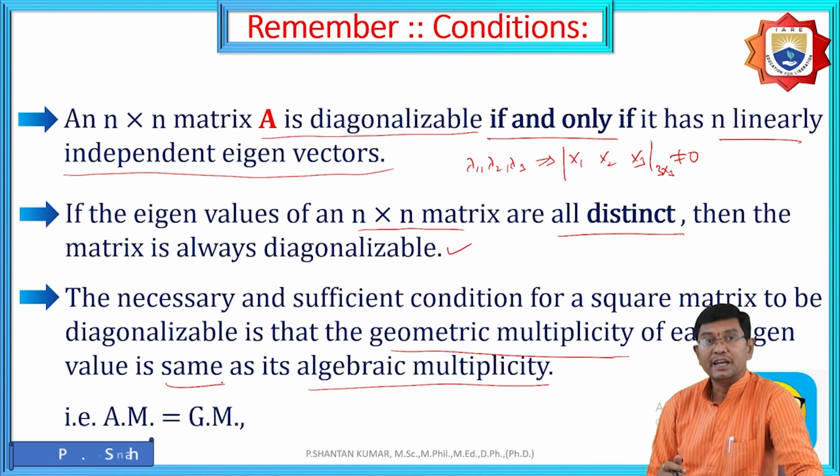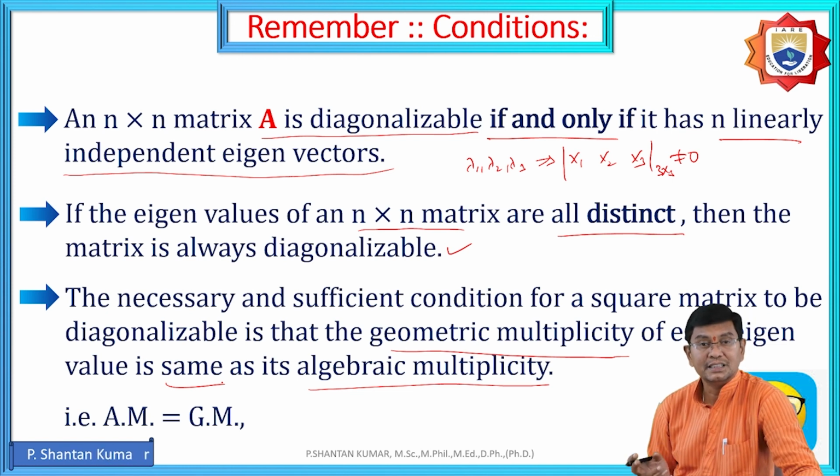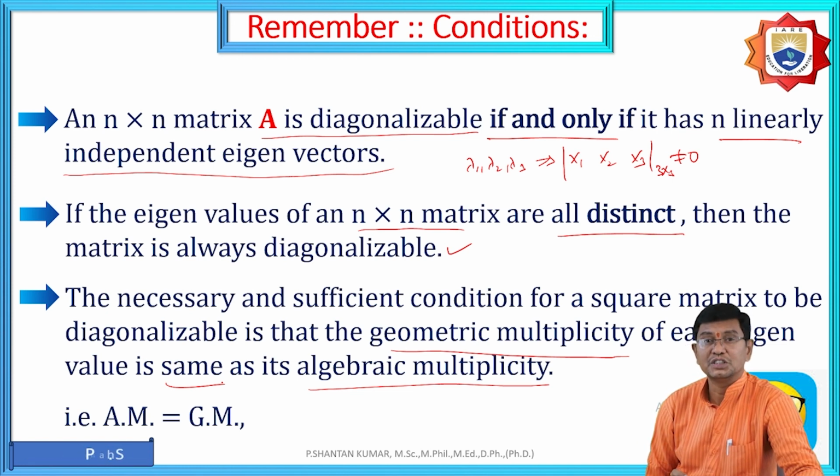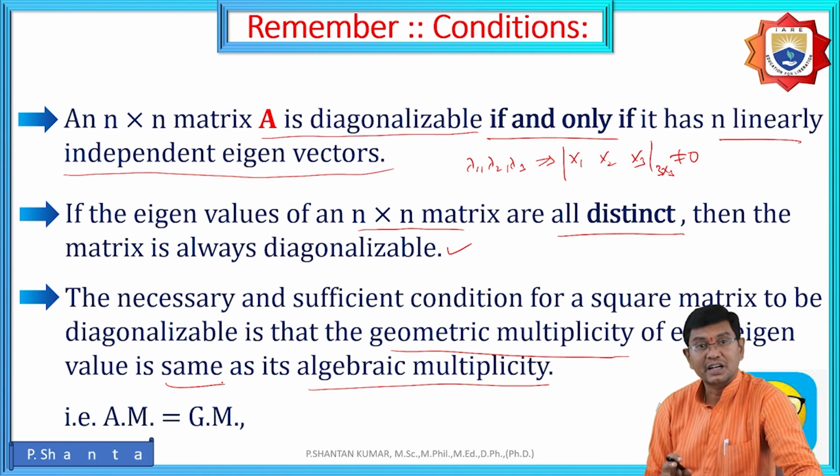That is the meaning of AM equal to GM, that algebraic multiplicity is equal to geometric multiplicity.